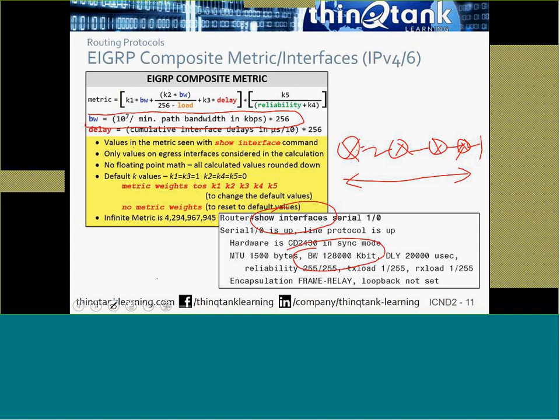Ethernet interfaces have a specific theoretical bandwidth. Serial interfaces have a specific theoretical bandwidth, and so on. So bandwidth is a theoretical value, not a practical value. That's 128,000 K.